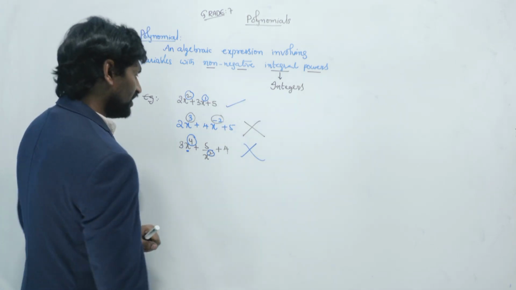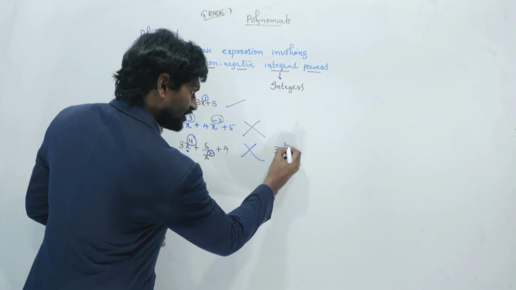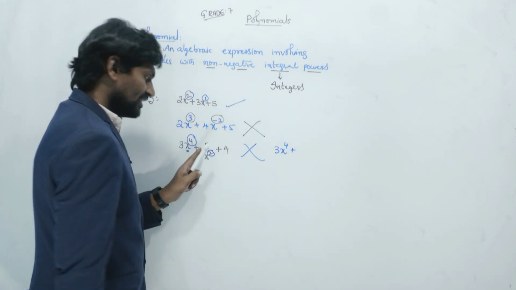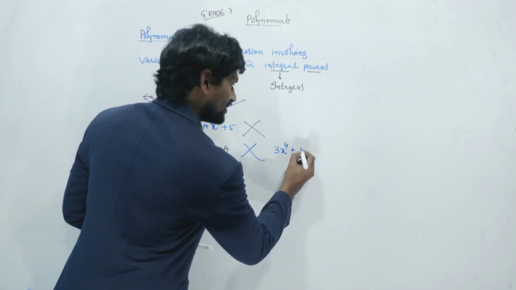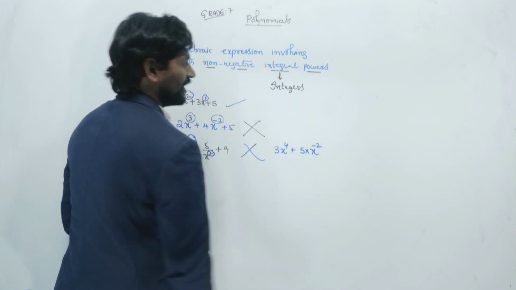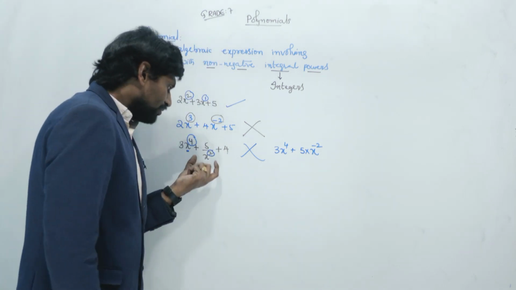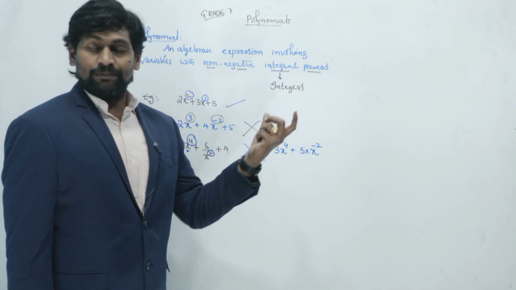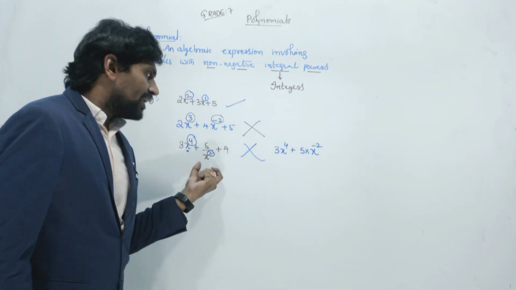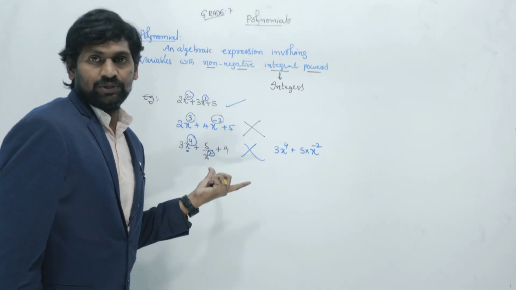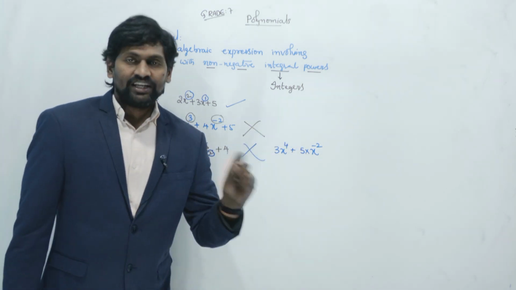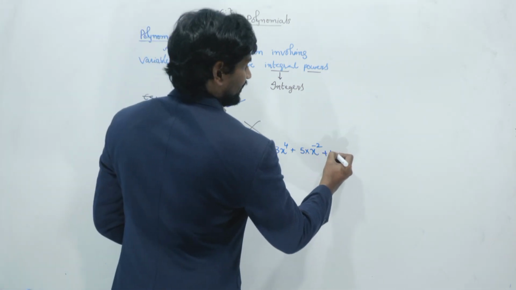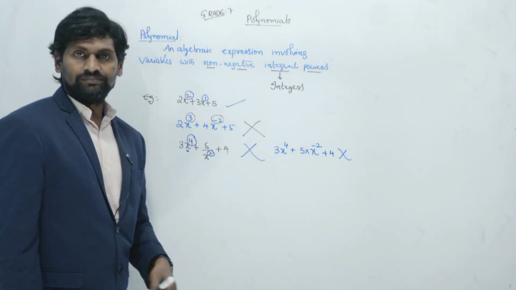Because 5 by x square we can write as 5 into x power minus 2. Whenever the variable is in the denominator, we can take it to the numerator and the exponent becomes negative. It appears positive, but actually it is negative because the variable is in the denominator. That's why it is not a polynomial.